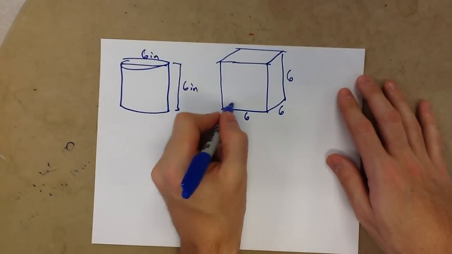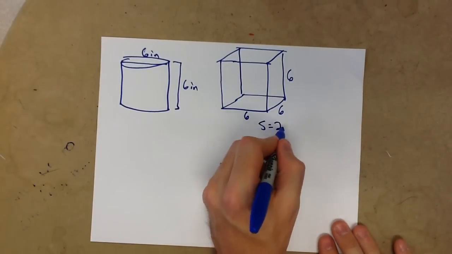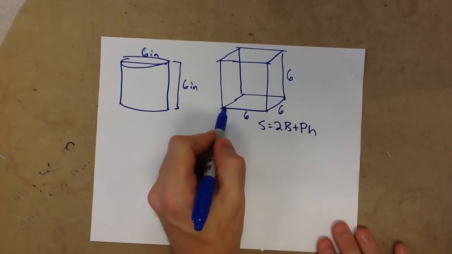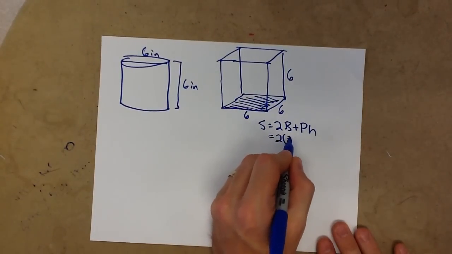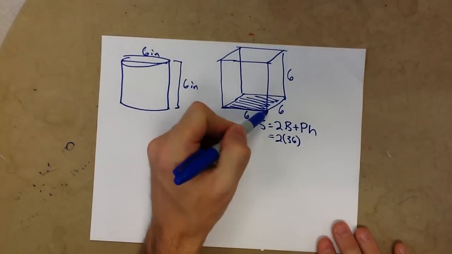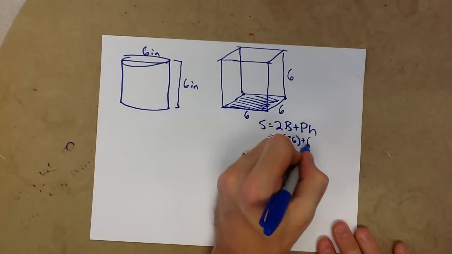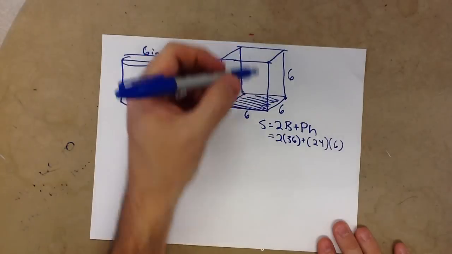So if I start with the cube, the surface area is going to be 2 times the base area plus perimeter times height. Now, the base area is this 6 by 6 square, so that's 36. The perimeter is 6 plus 6 plus 6 plus 6, all the way around, and that is 24. My height is 6. That's the distance between the bases.